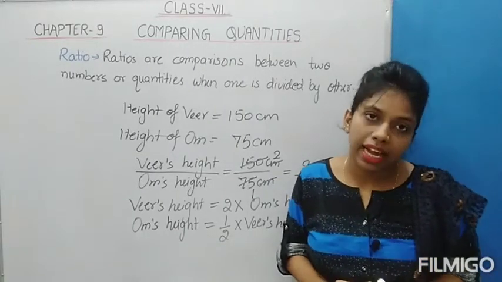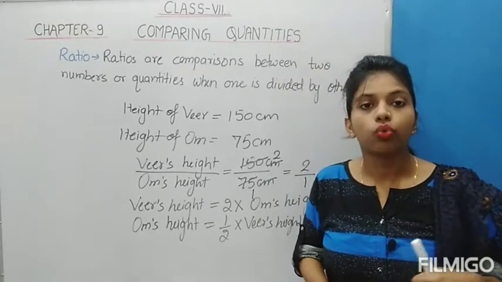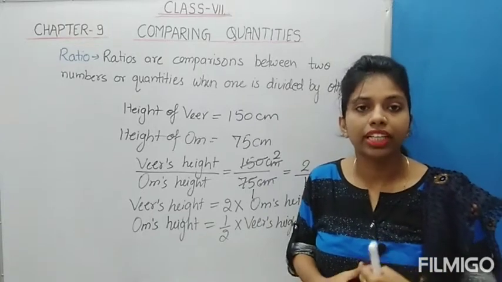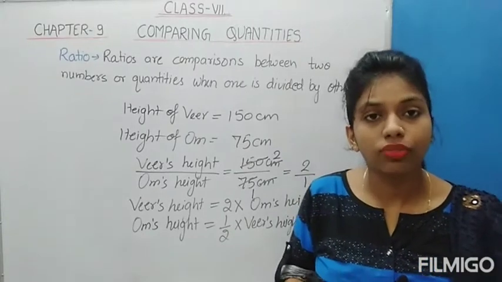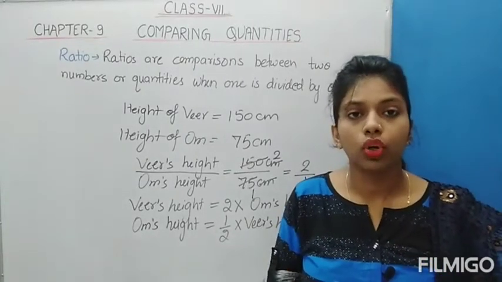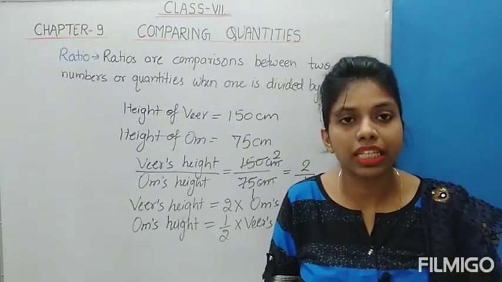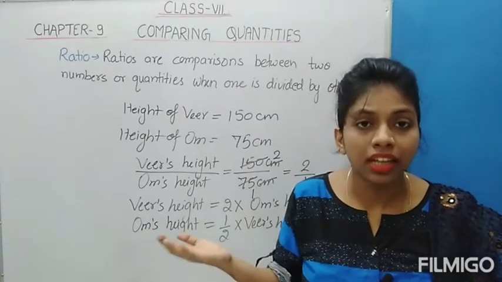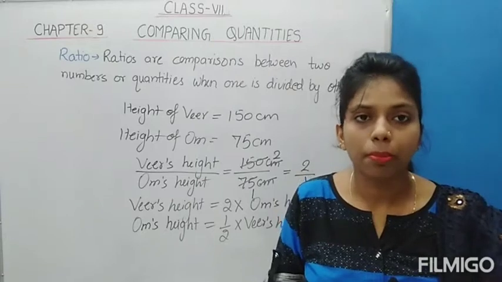But if I say compare my weight with my walking speed, can you compare them with each other? No, we cannot, because both are two different things. Weight is a different thing and speed is a different thing. Their units are also different. My weight is in kg and speed is in meter per second or kilometer per hour.